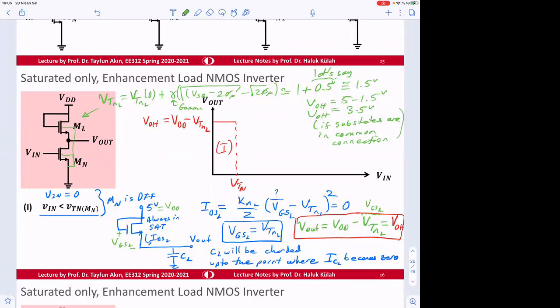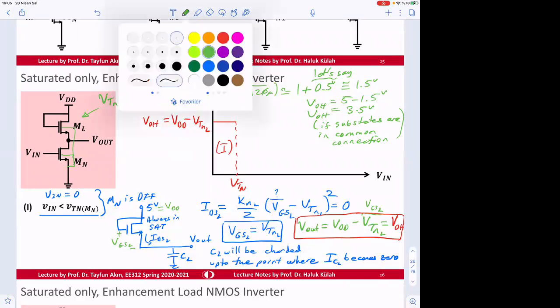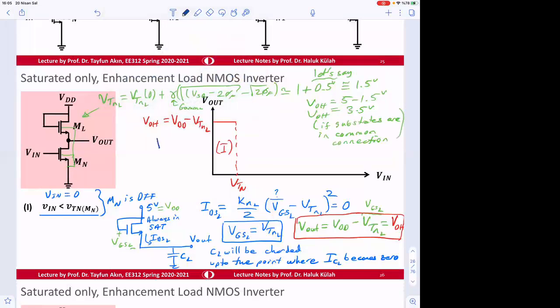But if you think that the substrate is here and this substrate is here, then this is VDD, this is connected like that, and VTN of L is going to be equal to 1 volt. Why?